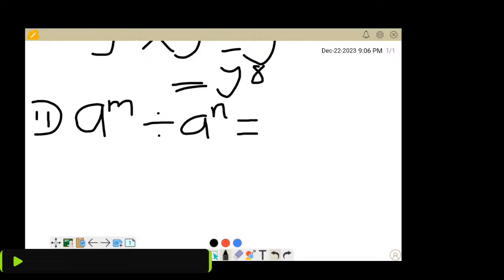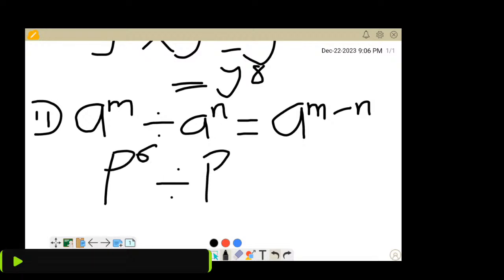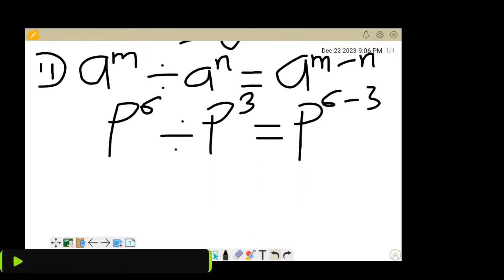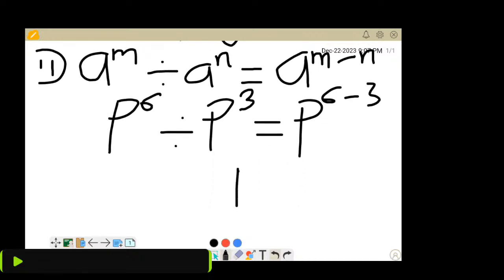That one is in the form of a raised to power m minus n. Let's say, for instance, we have to resolve p raised to power 6 divided by p raised to power 3. We can easily resolve this by saying p raised to power 6 minus 3, and this will give us p raised to power 3, because 6 minus 3 will give us 3.